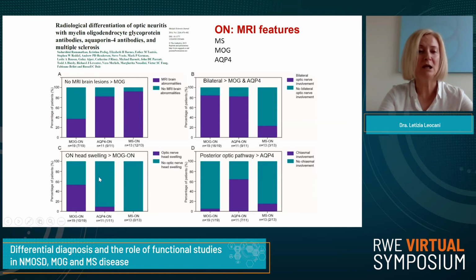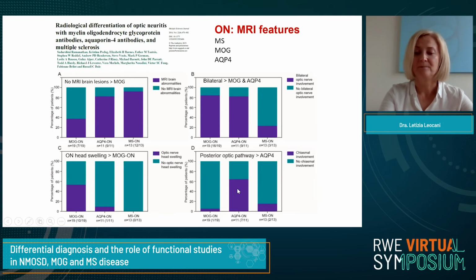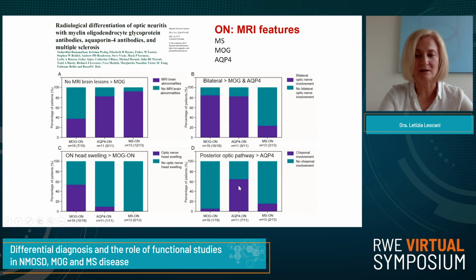For example, in anti-MOG syndrome, the inflammation tends to be closer to the eye with more frequent optic nerve head swelling compared with anti-aquaporin 4 optic neuritis that tends to involve more frequently the posterior optic pathways. So optic tract and optic chiasm, as in this figure.